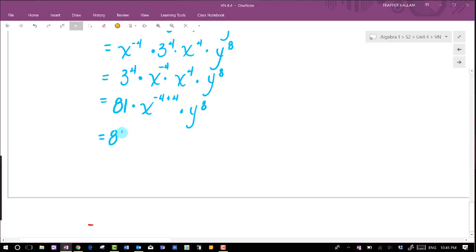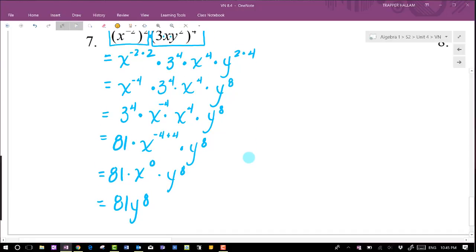So now we've got 81 times x to the 0 power times y to the 8th. Well, now we notice there's one last thing to do, which is x to the 0 power. Anything raised to the 0 power becomes 1. So we're going to be left with 81 times 1, which is just 81, times y to the 8th. And we've cleaned it up from whatever we started with to a nice, neat 81y to the 8th power.